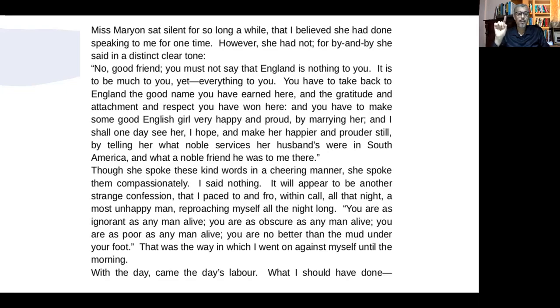It will appear to be another strange confession that I paced to and fro within calm all that night. He regretted, a most unhappy man, reproaching myself. And here the message is, you should reproach yourself, dear lower class people in England who are complaining about the class issues.